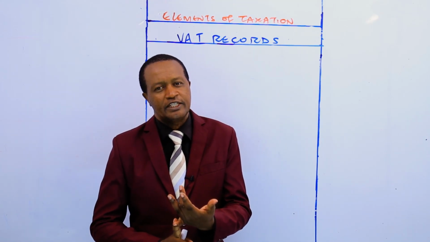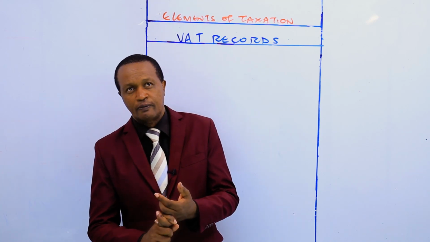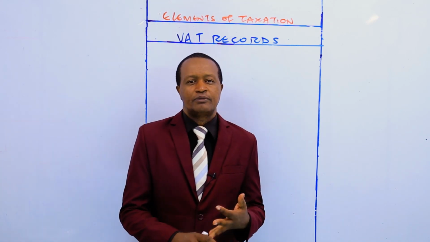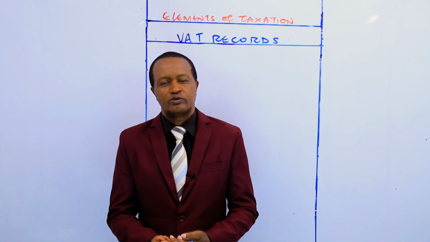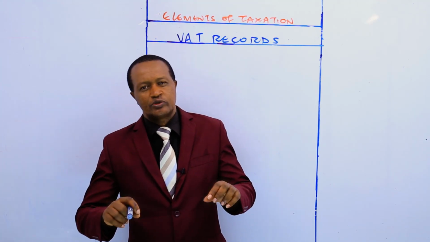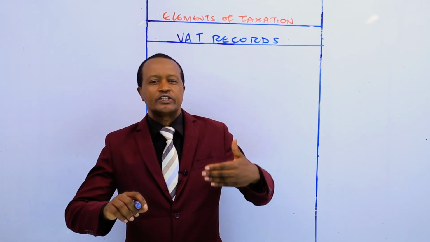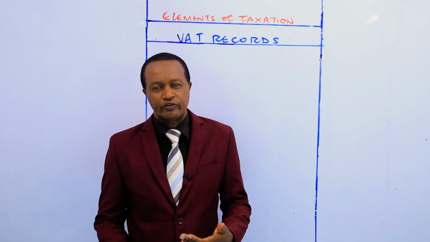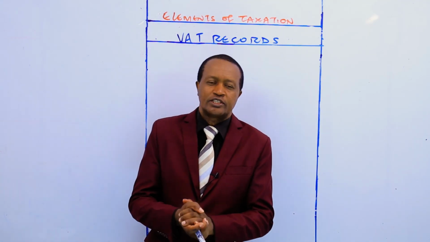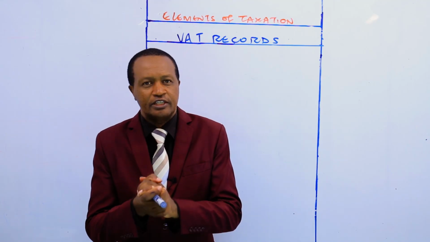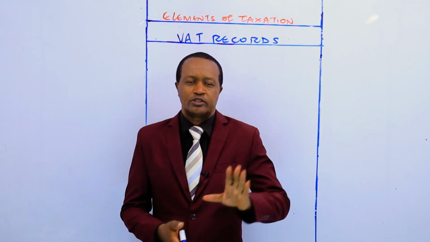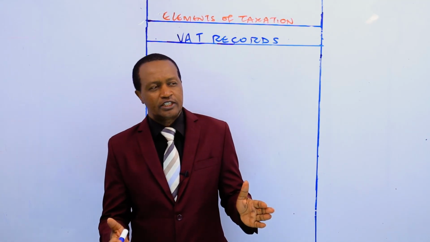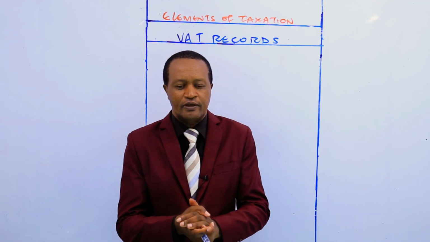We'll also identify the period of retention of the records, and number 4, availability for inspection. We will in this lesson study the consistency and reconciliation of records, and lastly the importance of keeping VAT records. We are going to capture those 4 areas in the 6 areas in our today's lesson.